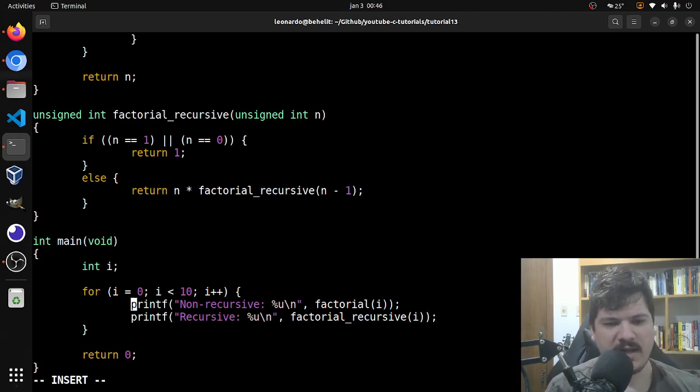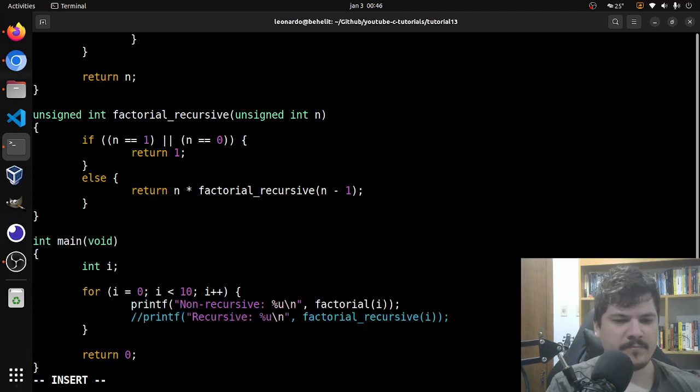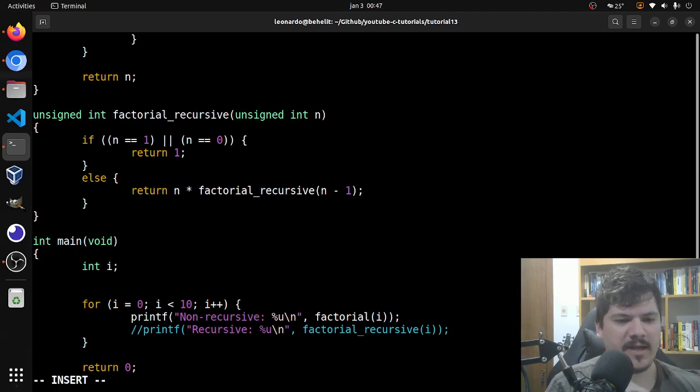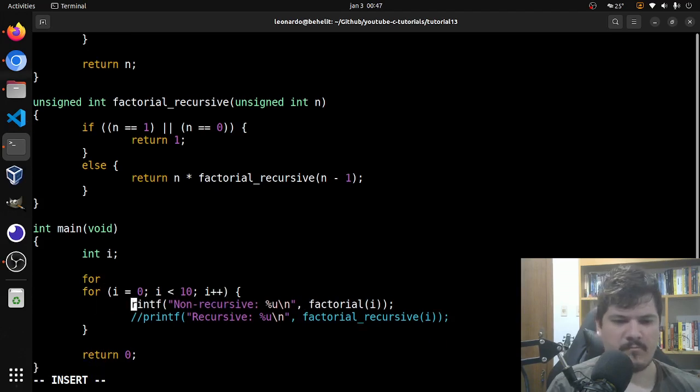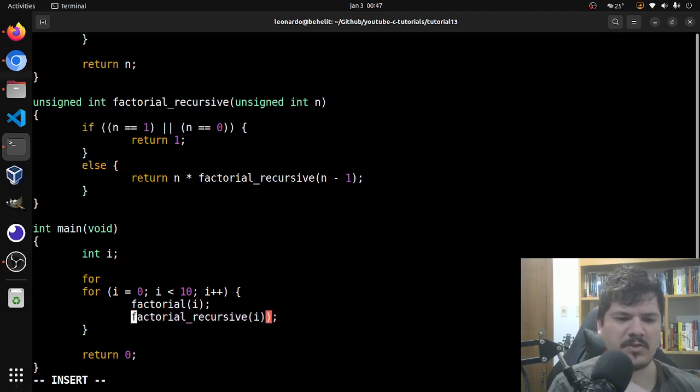So let's measure the time for the non-recursive here. For us to have a good sample, let's make it compute, I don't know, I guess 10,000 times the factorial. It should be enough, I guess, for a good sample.